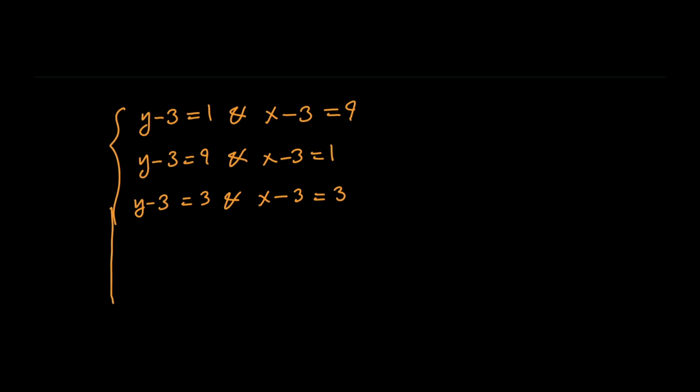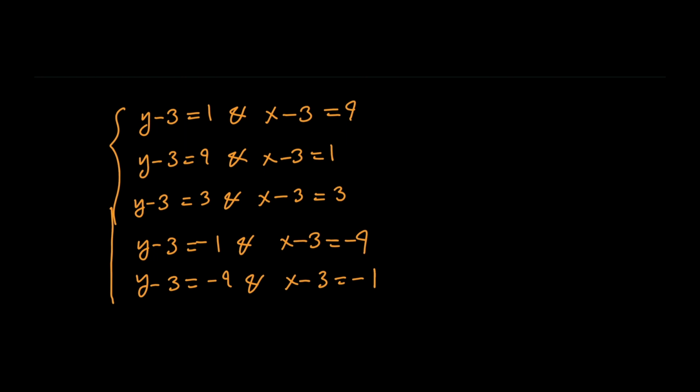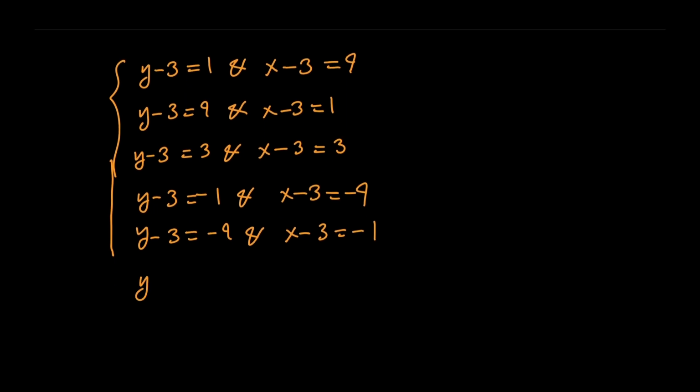Next, I can say that y minus 3 equals -1 and x minus 3 equals -9. Next one is going to be -9 and -1. And the last one is going to be y minus 3 equals -3 and x minus 3 equals -3.